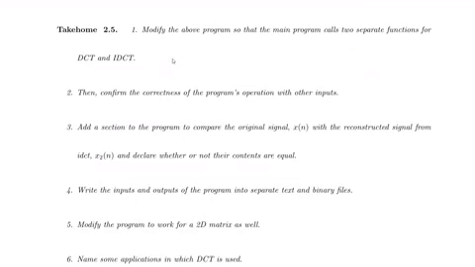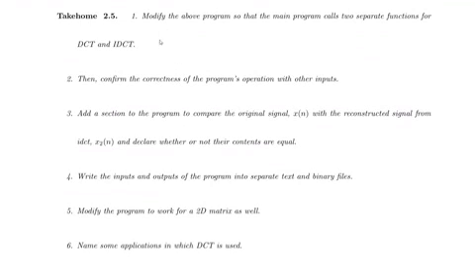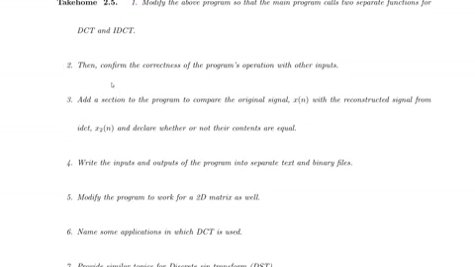Now, some questions for you. Modify the program so that the main program calls two separate functions for DCT and IDCT. So write DCT and IDCT as functions. Then confirm the correctness of the program's operation with other inputs.